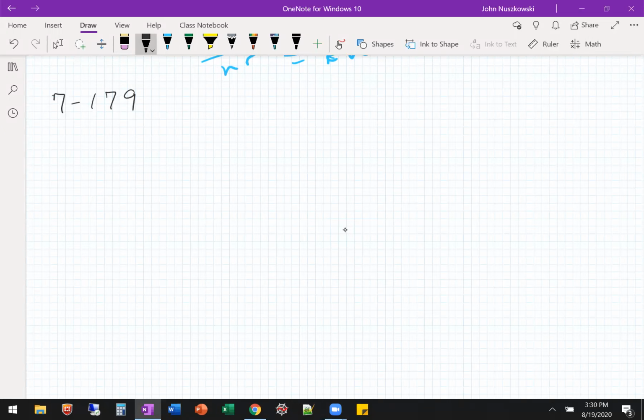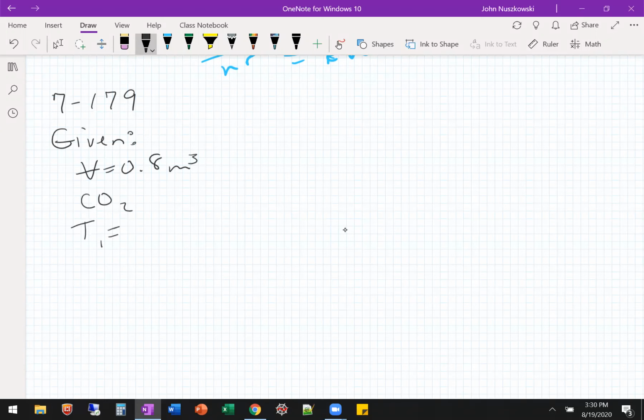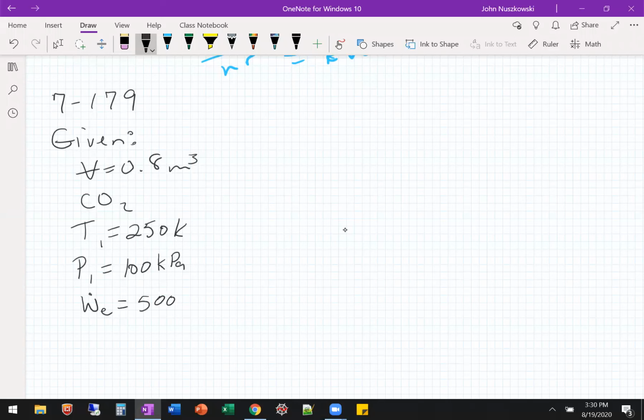Okay, so we got a bunch here. All right, givens. We have a volume of the tank, 0.8 meters cubed. It's CO2. The initial temperature is 250 Kelvin. The initial pressure is 100 kPa. The electric resistance heater, they gave us the power, so it's W dot 500 watts.